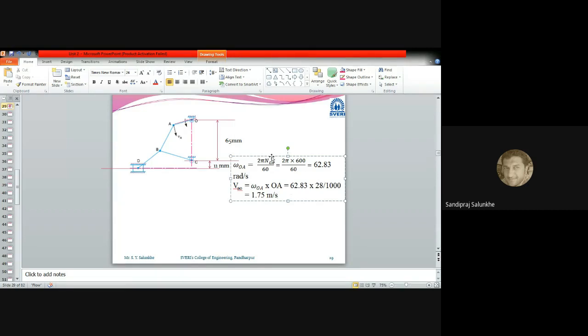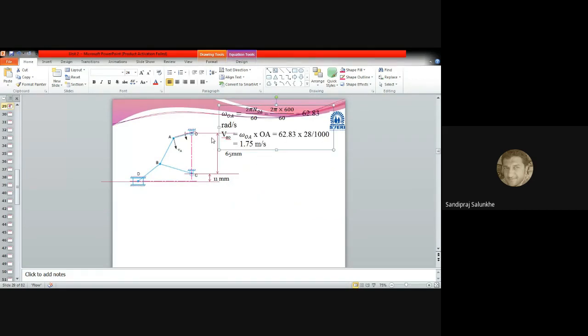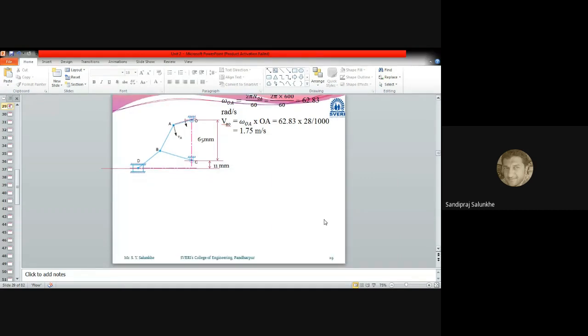So once you get this value, 1.75 meter per second, then you have to take a scale. So what scale can we prefer for this?